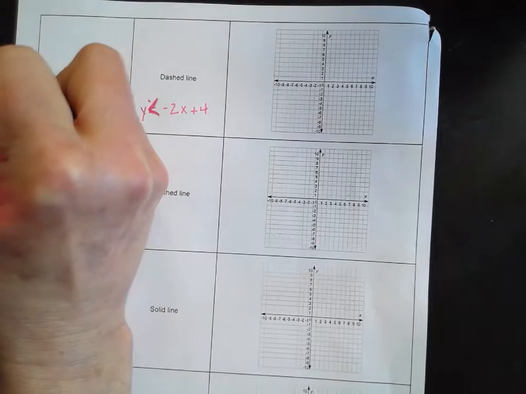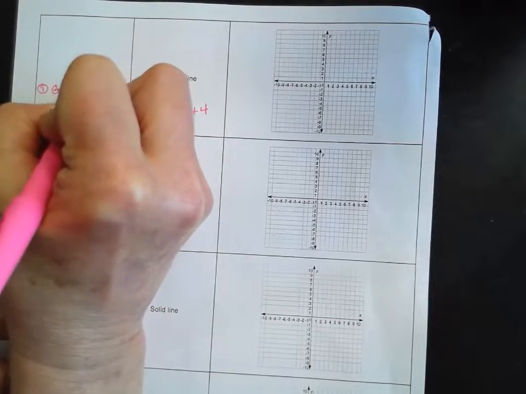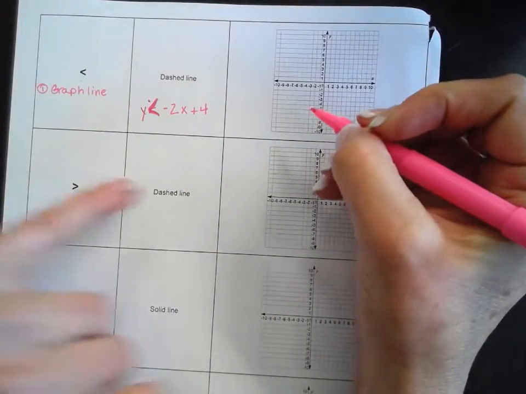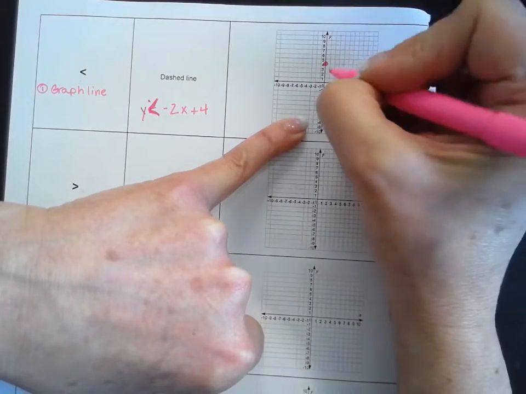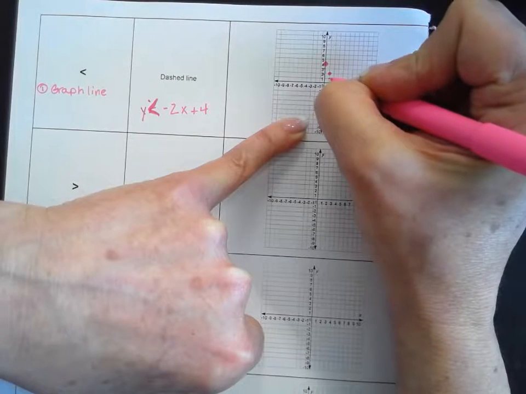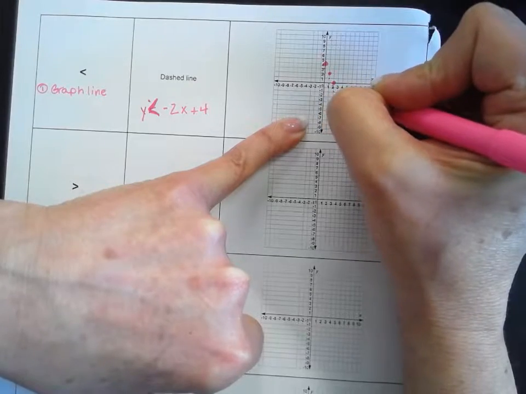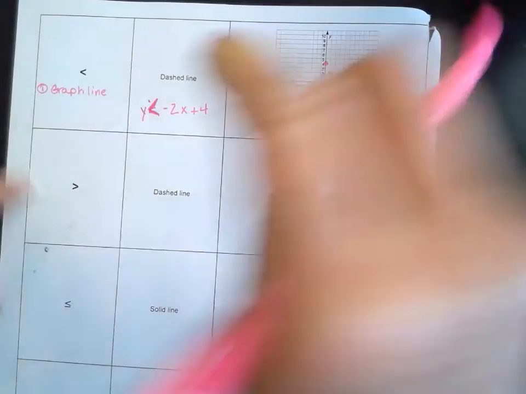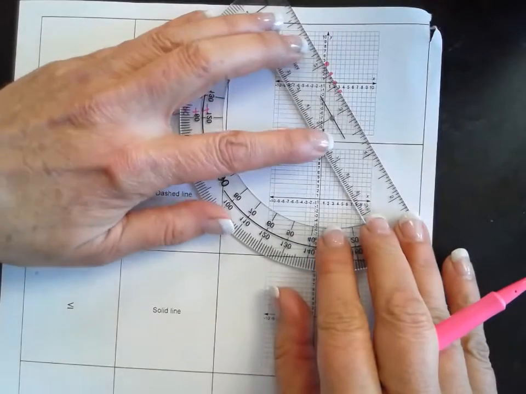Okay, your first step is to graph your line. Okay, so I'm at positive 4, and I'm going to go down the slope of 2 over 1, down 2 over 1, down 2 over 1. And since it's just less than, I use a dashed line.